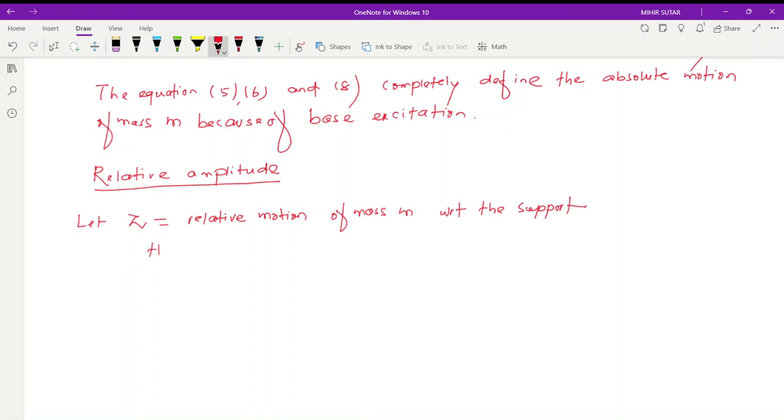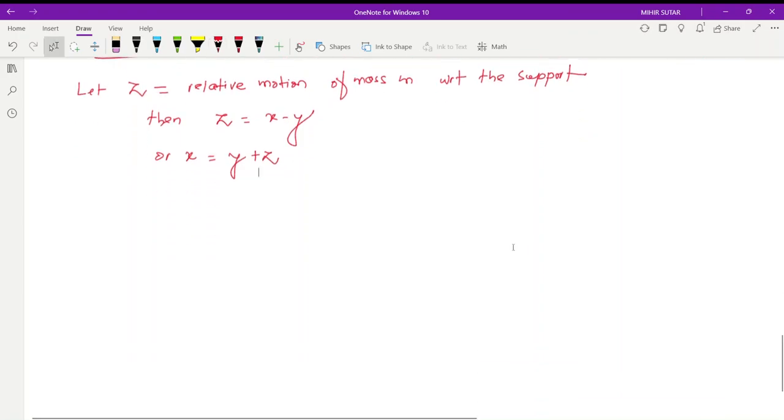Then we can say z is equal to x minus y, or we can say x equal to y plus z instead, right? The same.